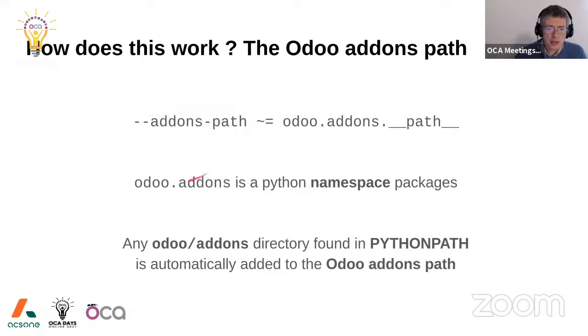And the reason for that is that odoo.addons is actually a regular Python namespace package. And in Python 3, how this works is that any odoo/addons directory that is found in your Python path is automatically added to the Odoo addons path, that is to this variable of the odoo.addons namespace package.